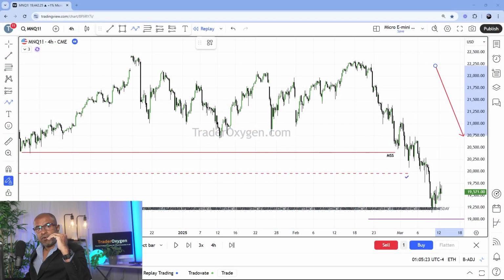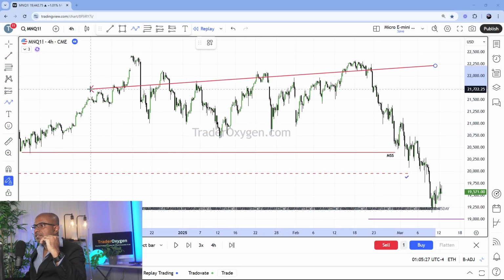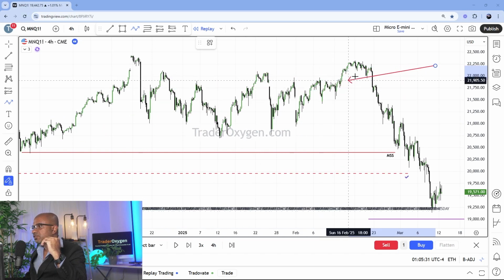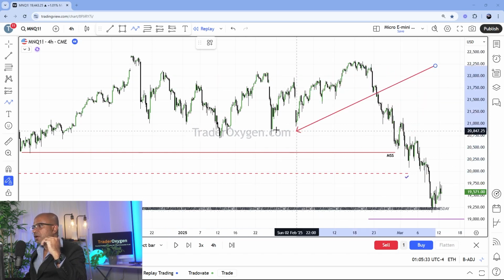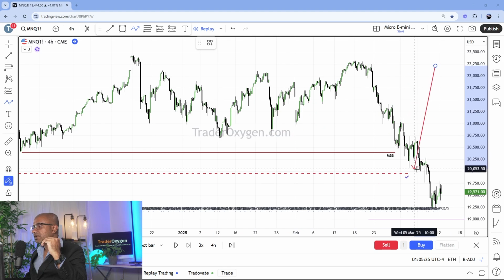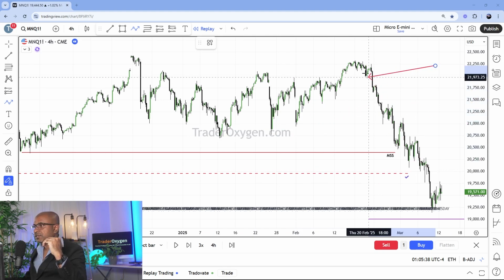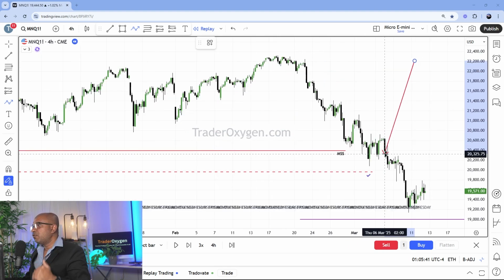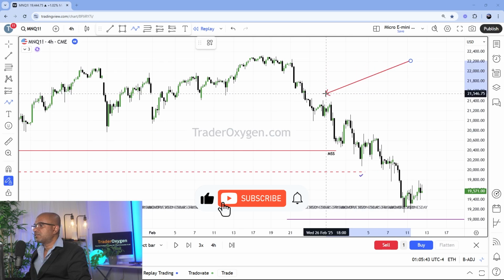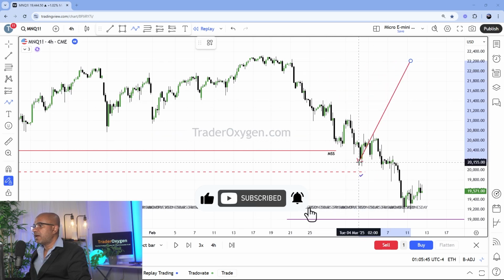Okay, so now let's jump into the 4-hour chart. In the 4-hour chart, you can see the price was in uptrend in this area, then into a range, and then price strongly pushing down and then making a market structure shift. So the 4-hour market structure is also bearish, making lower highs and lower lows.